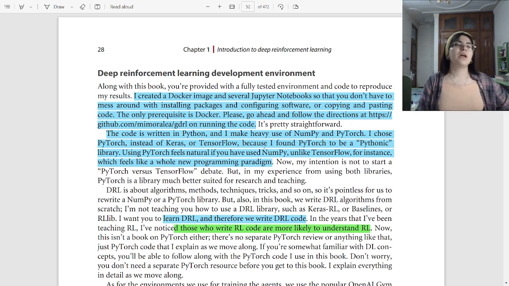It's good that it's on PyTorch, because if it was on TensorFlow, it would have been TensorFlow 1 back then, and now we have moved to TensorFlow 2, which is a challenge. There are not many good books on reinforcement learning in TF2. But here we are just working with PyTorch. And yeah, that's it.